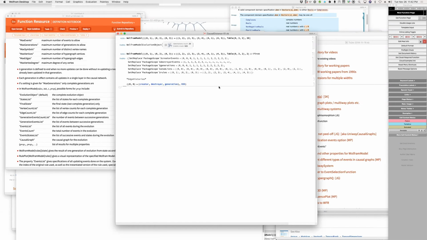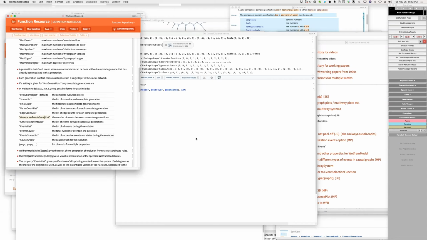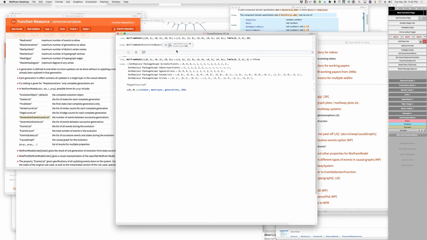Okay, but one thing we want is a generation events count list. We can trivially get that from this thing here, right? I think so, yeah. So let's at least have that one, generation events counts list. And do we have events count?